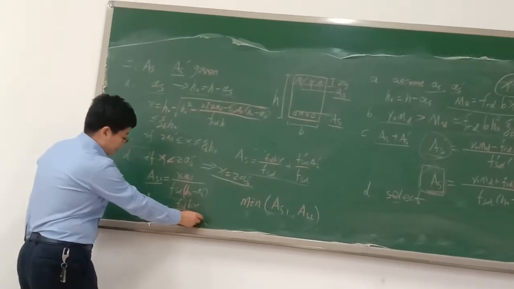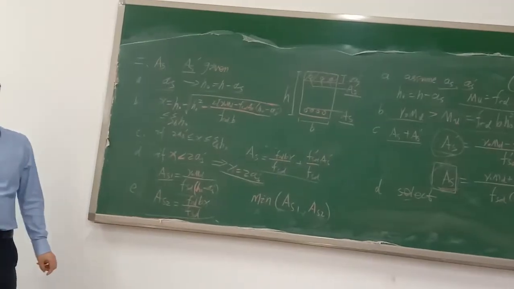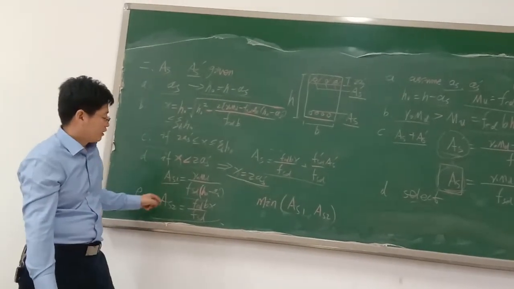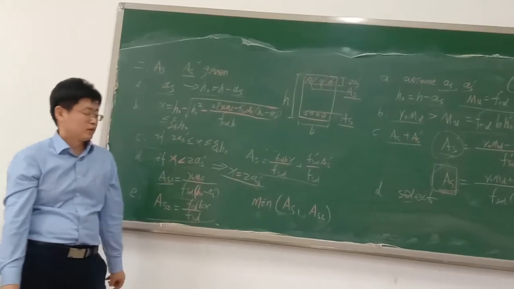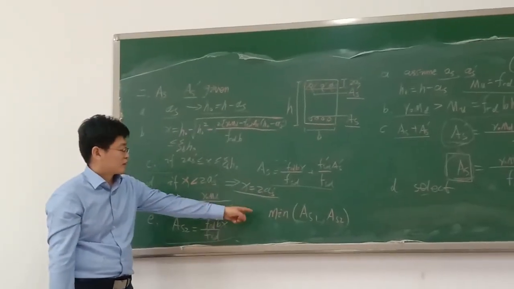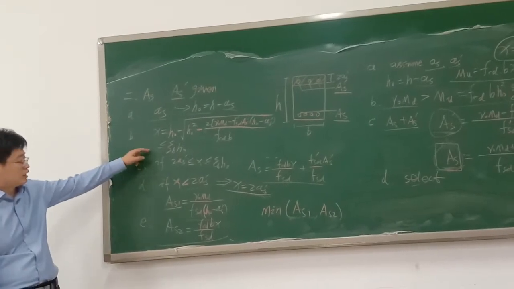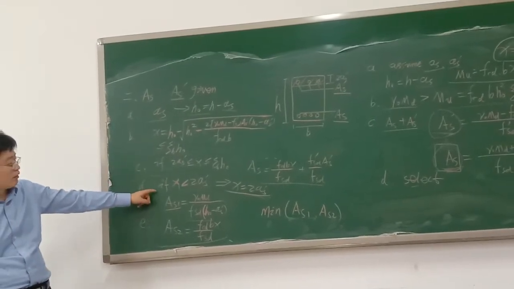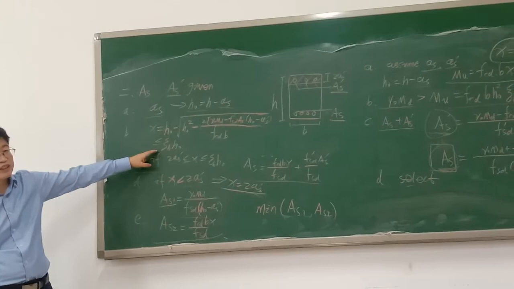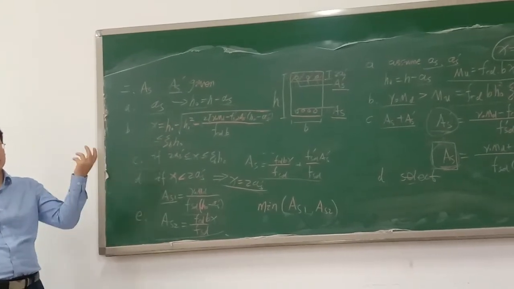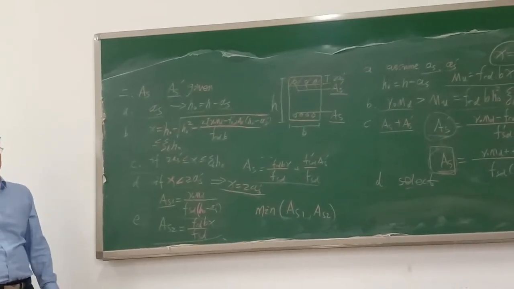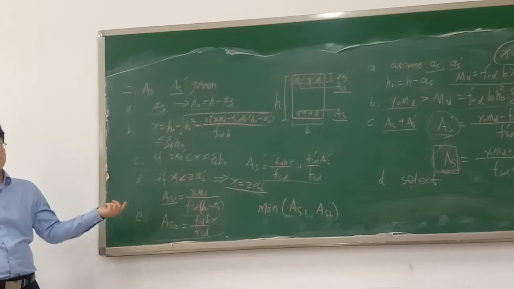Okay? This is for the single reinforcement beam. We calculated this one, this two, we got this minimum AS. And also for this situation, if x is larger than this one, that means it's an over reinforcement. Actually, normally you need to change your design.